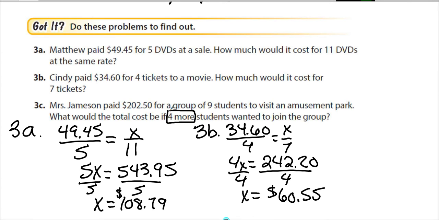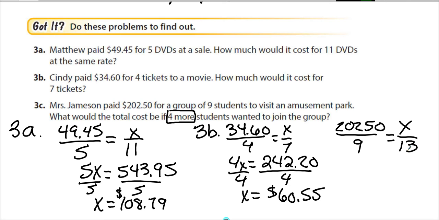Okay, so we actually have 202.50 for a group of 9 to go. How much for 4 more kids? So it's not over 4, it's actually over 13. Okay, 4 more. 9 plus 4 makes 13. So you gotta be careful. Sometimes they'll do that to you. Okay, then we're going to cross multiply.